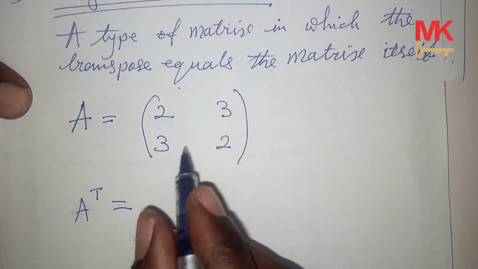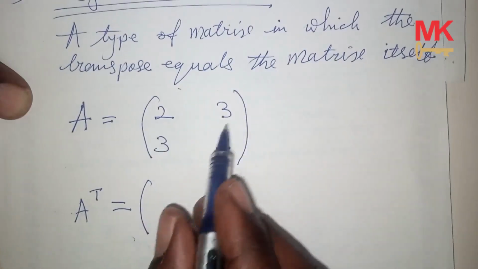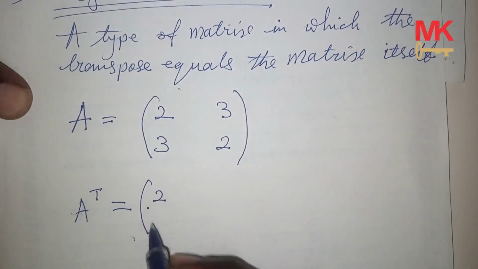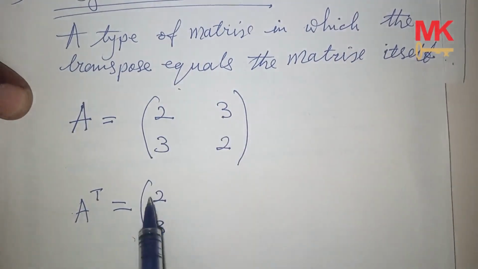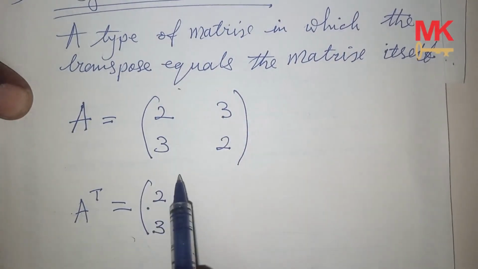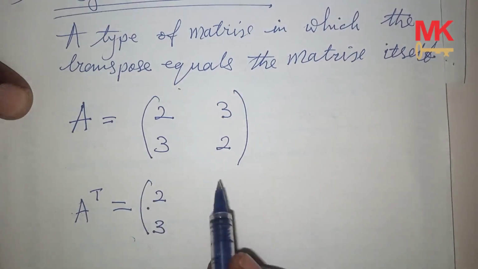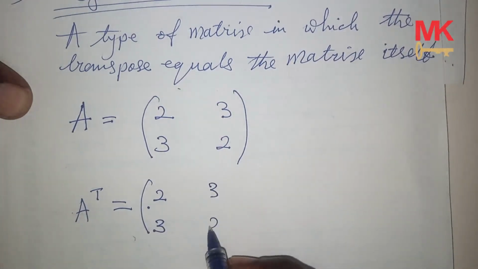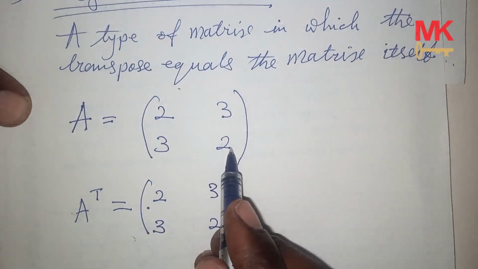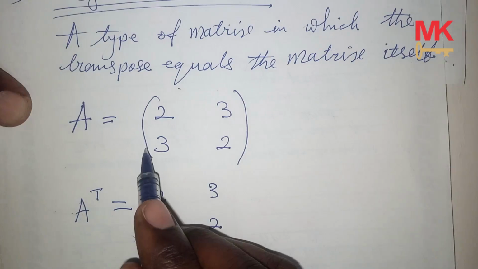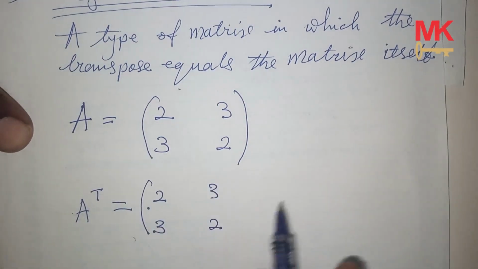A transpose: we'll transpose this. 2, 3 is the row, so it becomes the column here. Then the second row of the first matrix is 3, 2, which becomes the second column.